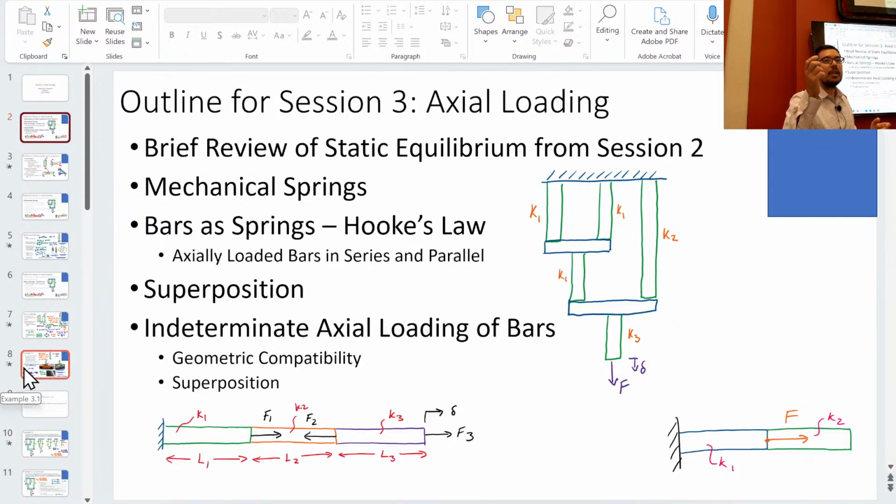If I were to magically balance this on my finger, I can't do it, I would have equilibrium. I have one contact at the bottom working against gravity, the force of gravity acting on this object.